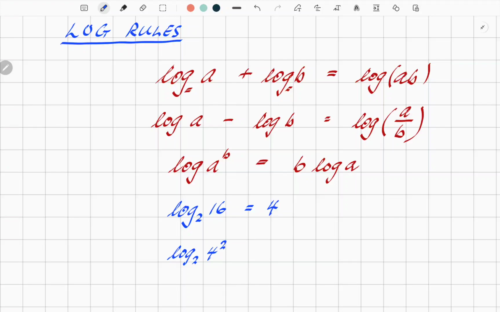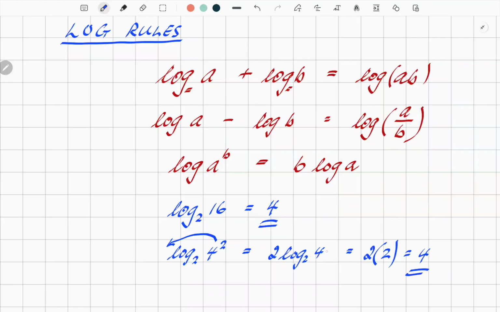Do you see that's exactly the same thing, isn't it? 4 squared and 16, right? And if we now brought the 2 to the front, okay, like that, so you have 2 log 2 of 4. What's log 2 of 4? 2. Exactly. So you have the 2. Plus 2 is 4. Yep. Okay. Do you see? All right.